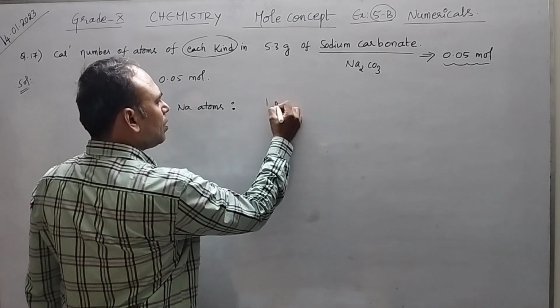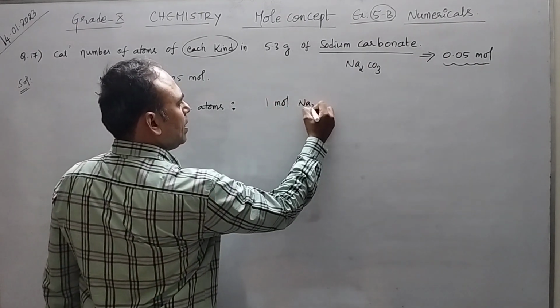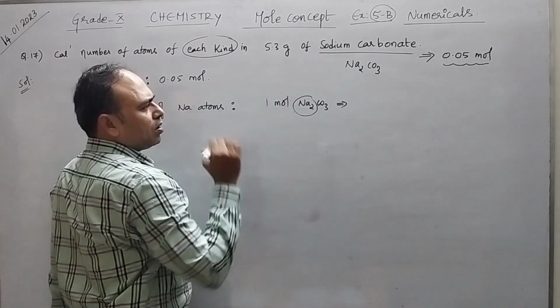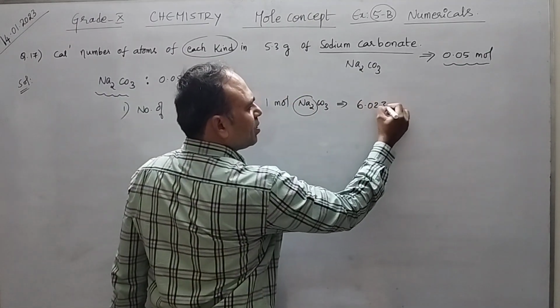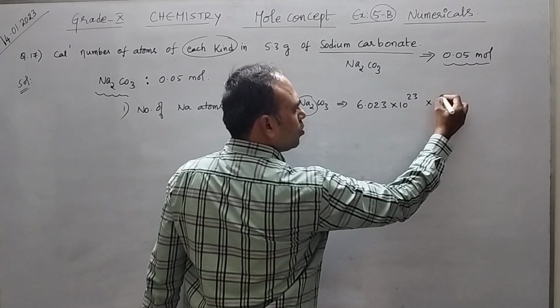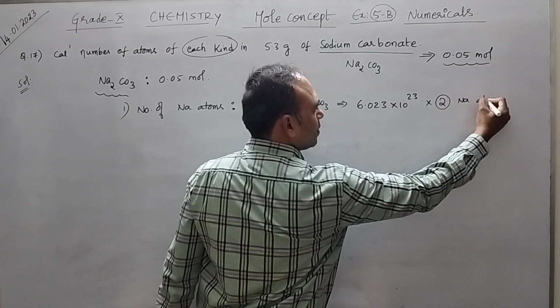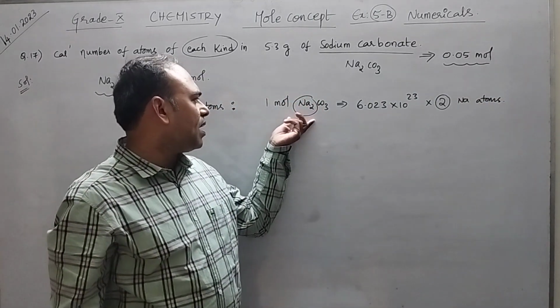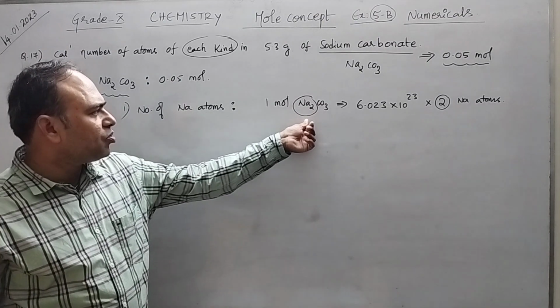So 1 mole of Na2CO3 contains Avogadro number 6.023 into 10 to the power of 23 into 2 sodium atoms. Why have you written into 2? Because here Na is 2, atomicity is 2.